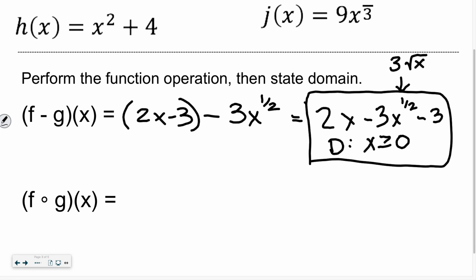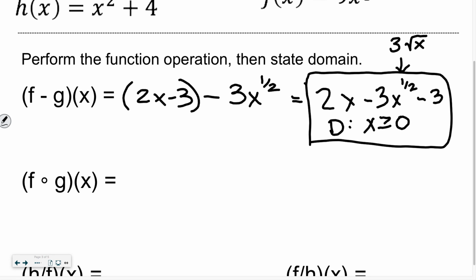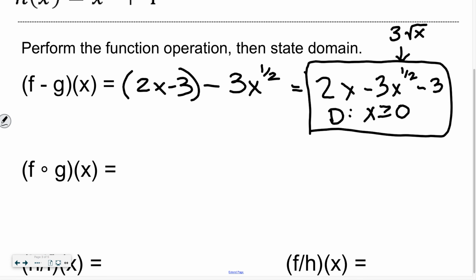Let's do f of g of x. This is read the same way as this. It's a composition. I don't care which way you write it, just be able to recognize either one. And remember with compositions, they are not actual add, subtract, multiply, divide. They're substitution.